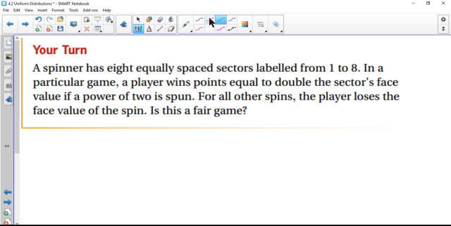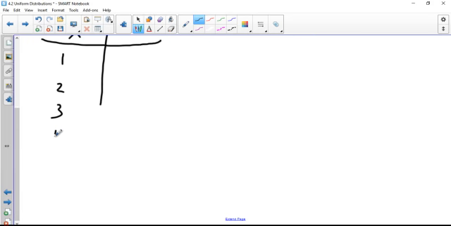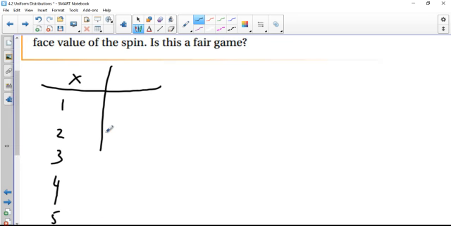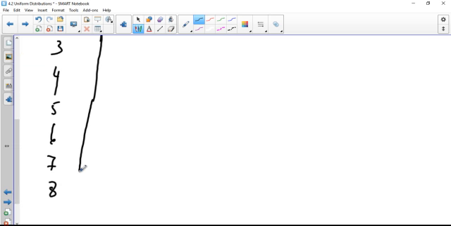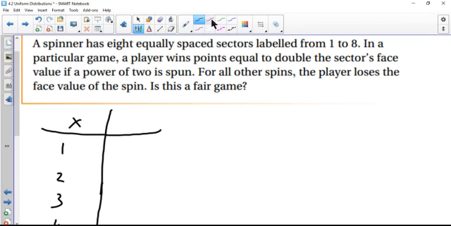Okay, so again, writing up our table of what those mean. So we have 1, 2, 3, 4, 5, 6, 7, and 8. Well, if I roll a 1, I am going to have -1.